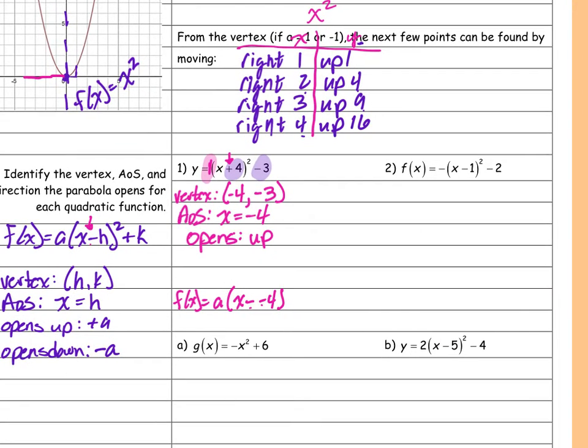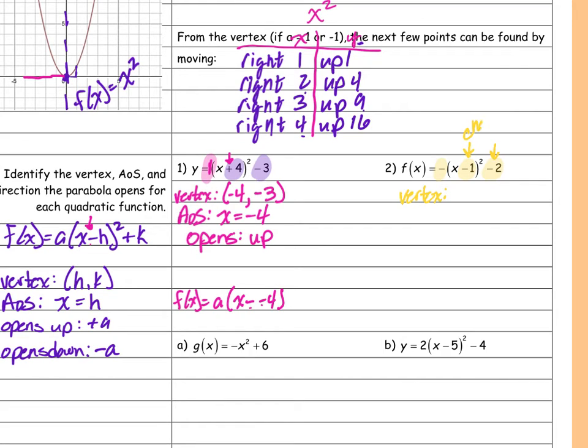So let's try it again over here for number 2. We're going to answer the same questions. I'm going to look at A, which is here. Okay, I'm going to look here at A. I'm going to look at H, and I'm going to look at K. Okay, those are the things I want to look at. So my vertex is going to be: this sign changes, this one stays the same.